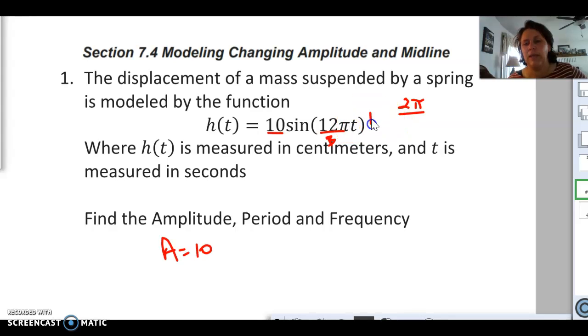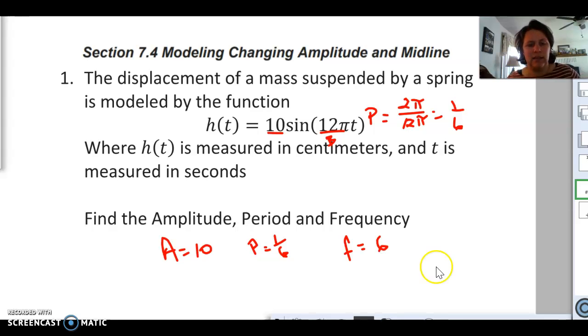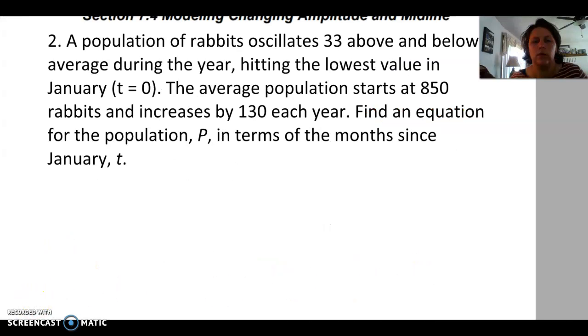To find p, we're going to do 2 pi over 12 pi. Now we have our period, which is 1/6. So p equals 1/6. And then just remember that frequency is the inverse of period. So frequency is 6. And that's all the answers they want for number 1.